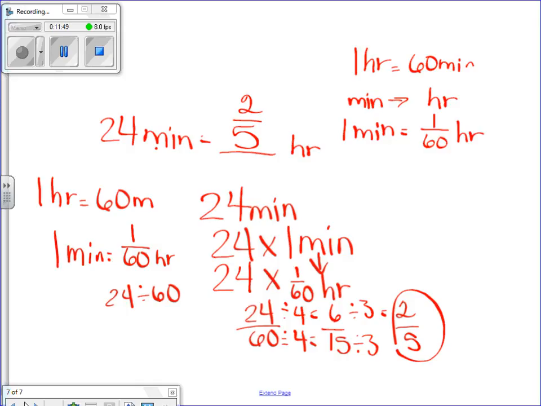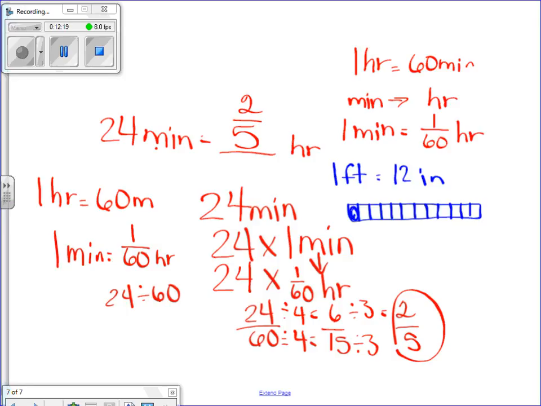If I have, well, I'm not using such big units. I know you guys saw this, so bear with me. If I have 1 foot, how many inches are in 1 foot? 12. And look.